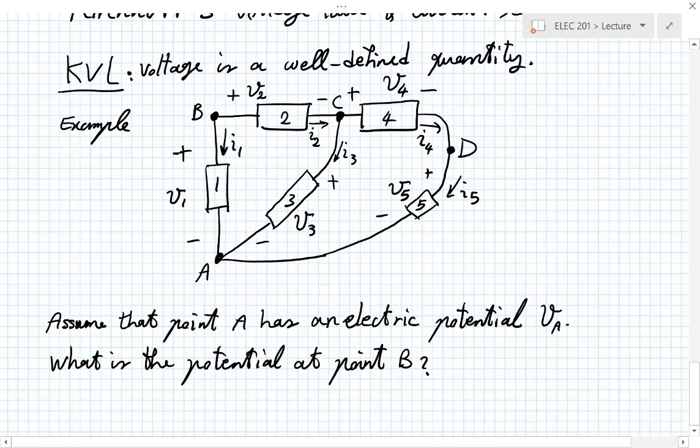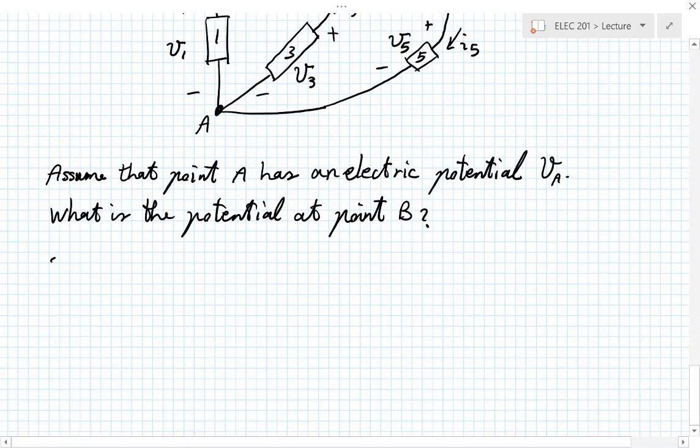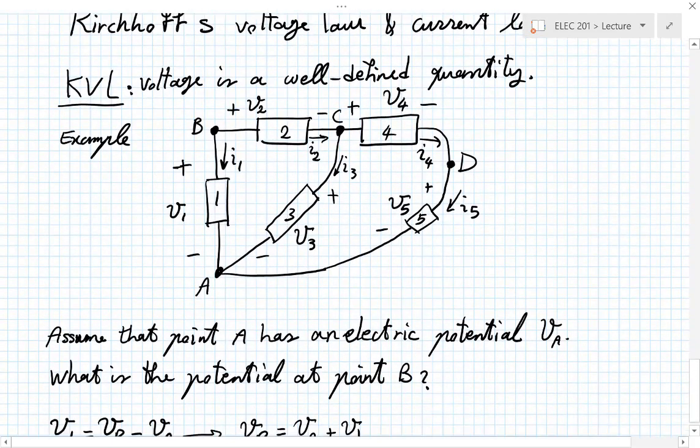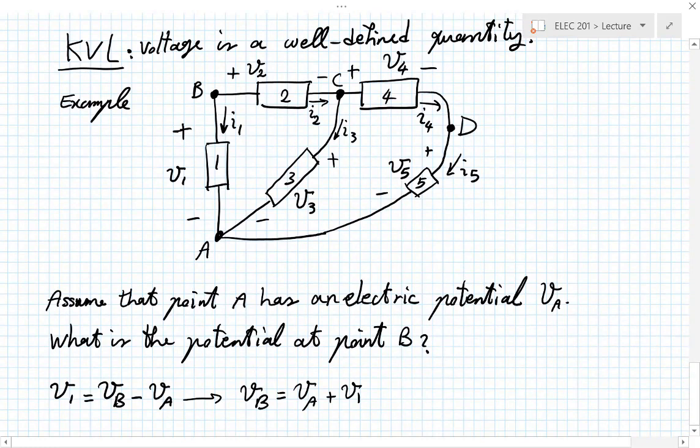So if this is at height V sub A, and the difference between this and that is V1, what's the value of that? Remember, V1 is the difference between the height at point B and A, right? That's the difference. So by that same approach, what's the potential at point C?